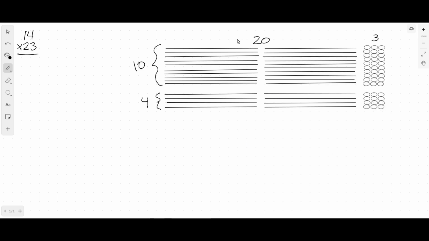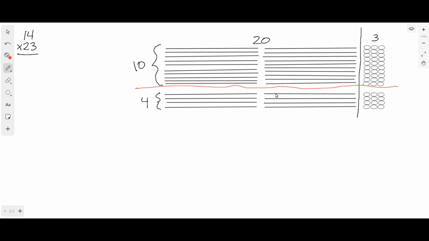Okay, so we have the 14 lines here. I'm going to just figure out, well, what are the areas of each of these sections? So I've got the 20 and 3 section, and then I have the 10 and 4. And I did the 10 and 4 so that way you guys could really see, actually let me do that line in a different color, so you guys could really see the divide, because 14 skinny lines drawn along is going to be kind of tough to read.